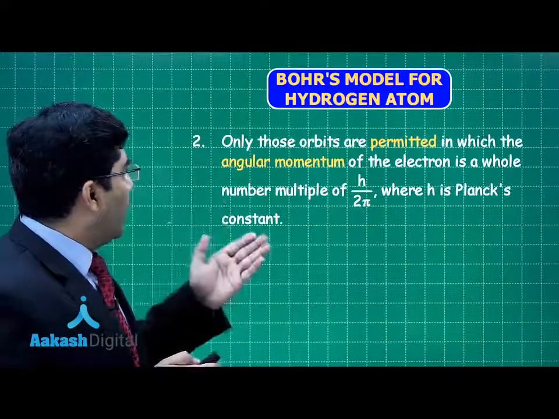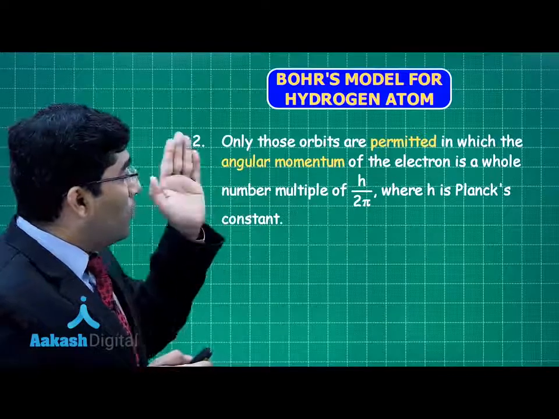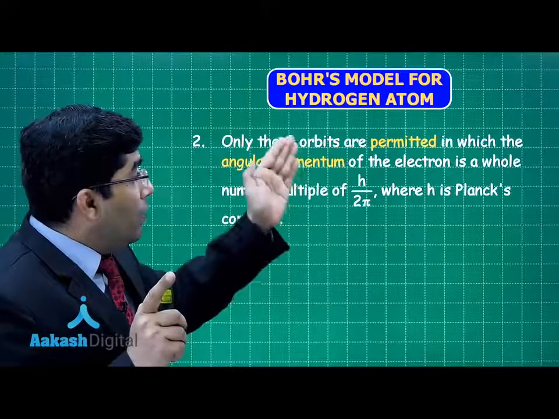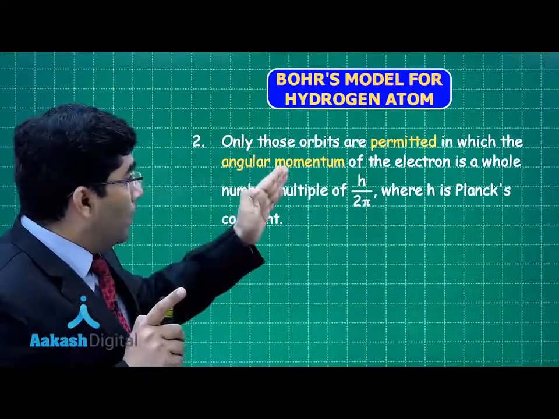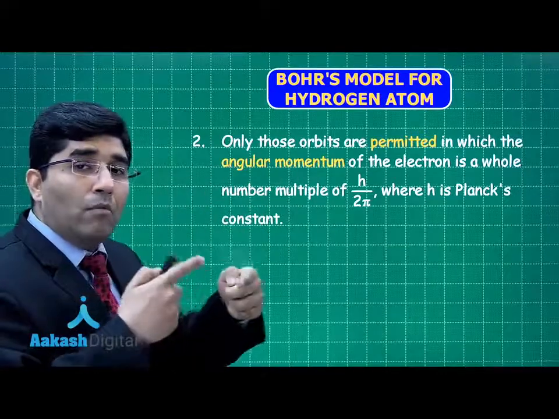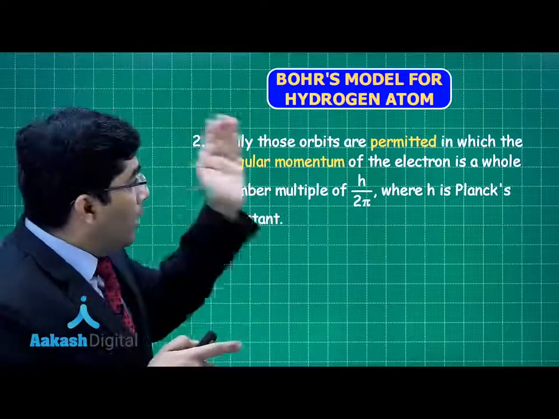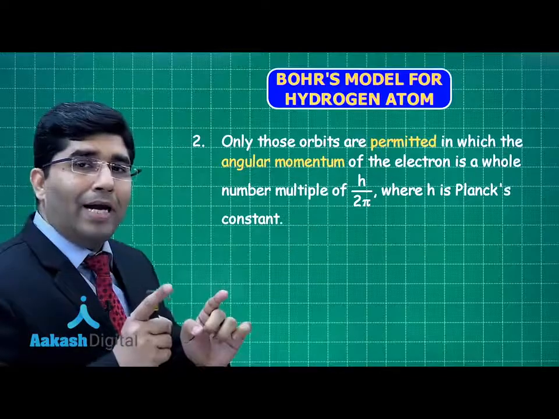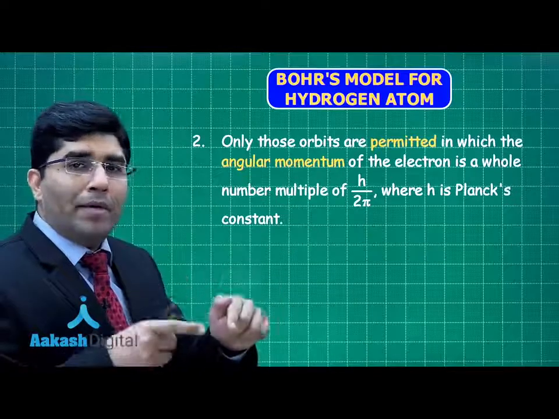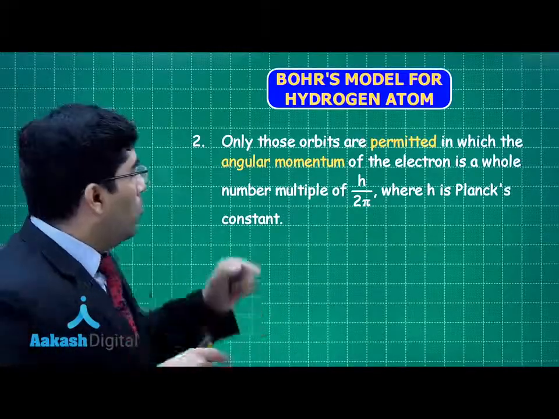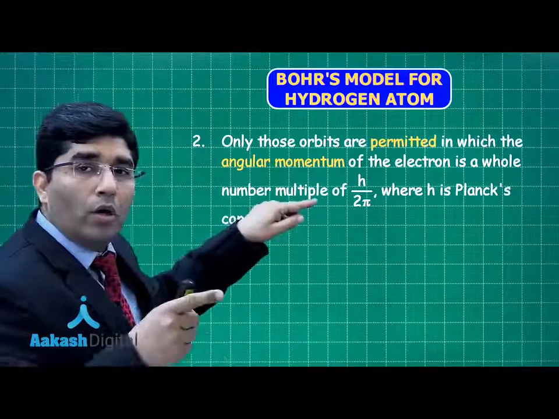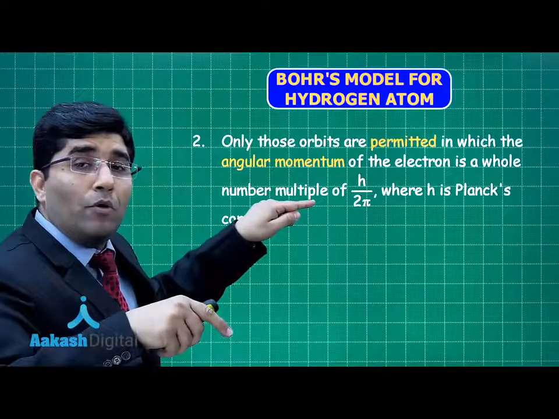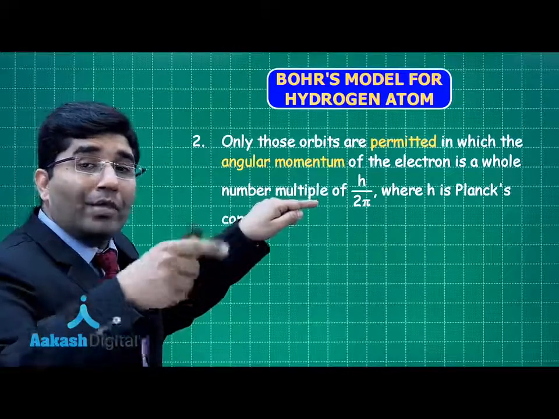Coming to the second point, only those orbits are permitted in which the angular momentum of the electron is a whole number multiple of h upon 2 pi. It means the value of the angular momentum will be h upon 2 pi or 2 into h upon 2 pi or 3 into h upon 2 pi or 4 into h upon 2 pi.